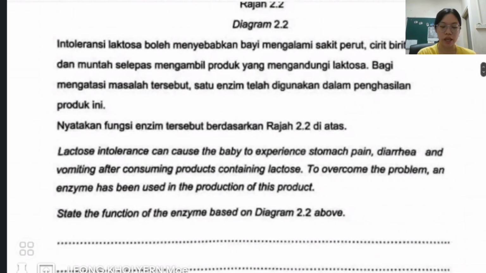So since they have very little or maybe don't even have this lactase enzyme, it's very hard for them to break the lactose down. That's why it's called lactose intolerance, and it will lead to diarrhea in most situations, stomach pain. So to overcome it, they use an enzyme to produce this lactose-free milk.